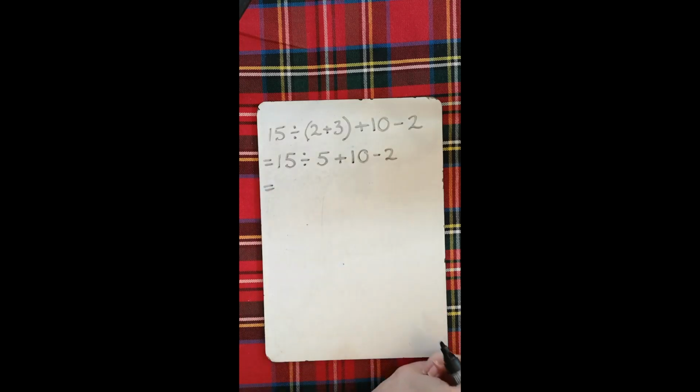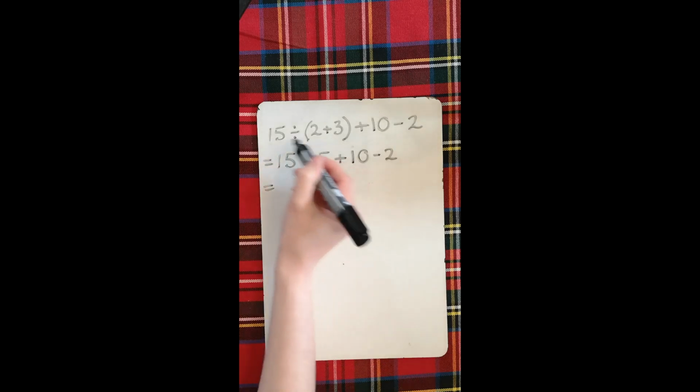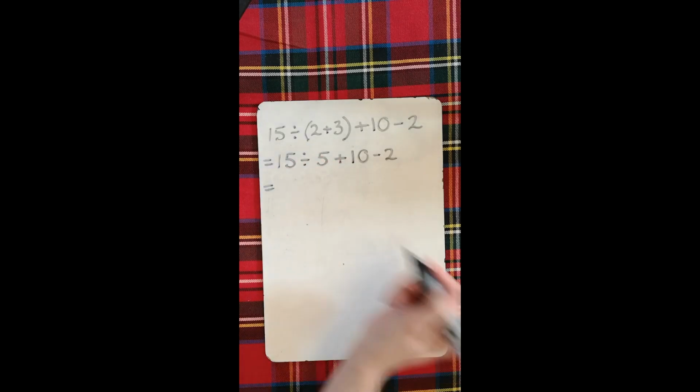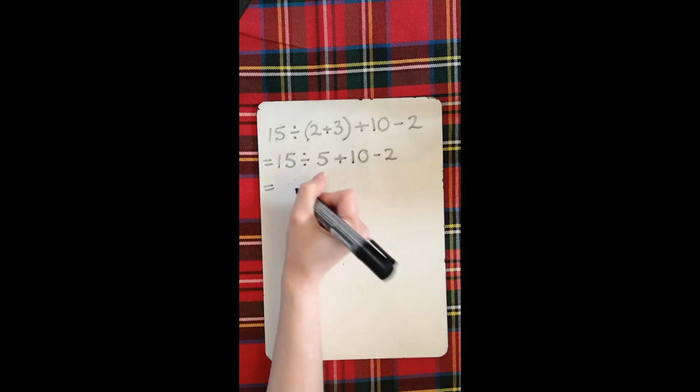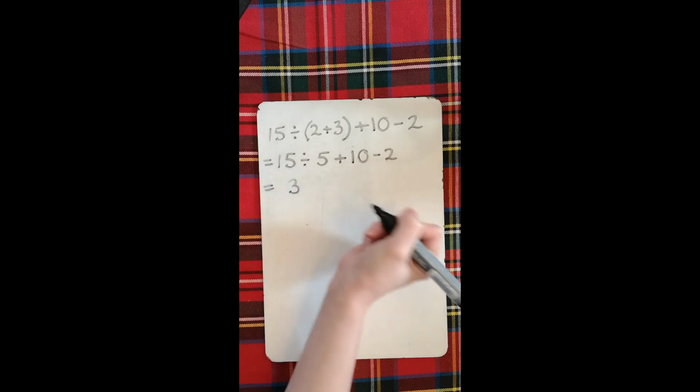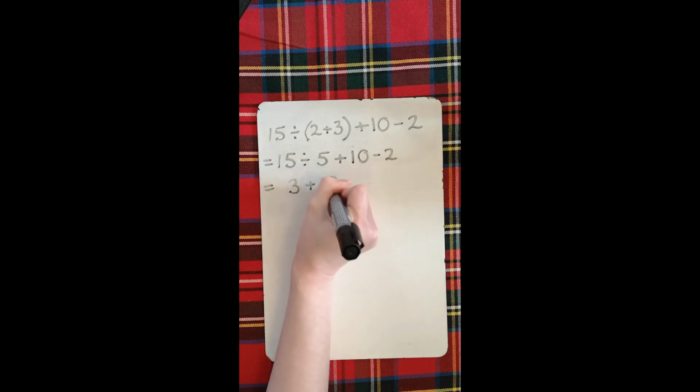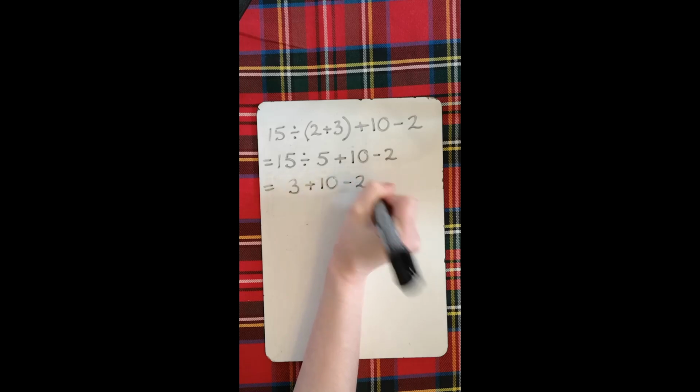Next, for order, I don't have any orders in this calculation. So I'm going to move on to divide and multiply. So I can see I have a division in here, so that's the next thing I'm going to do. So 15 divided by 5 is 3, and then I'm just going to leave everything else in the same place.